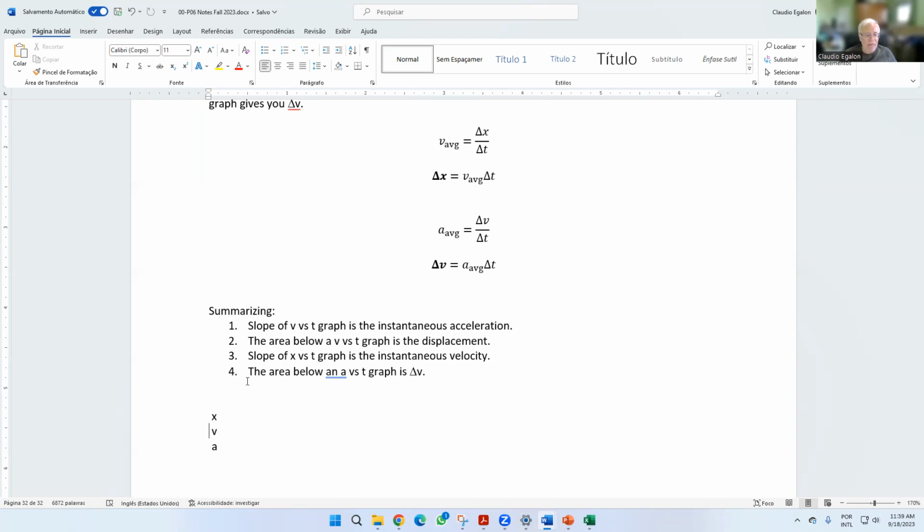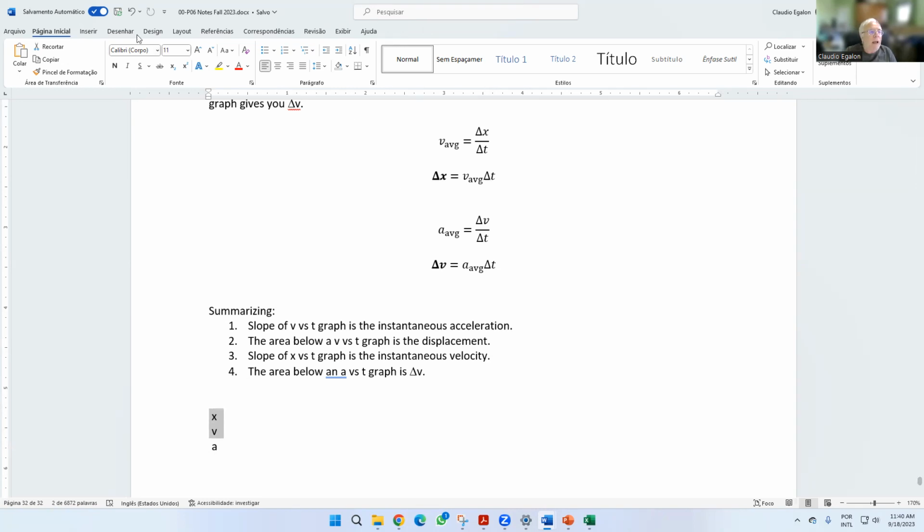First is X, then V, then A. Similarly, in a plot of V versus T, the slope is going to be the acceleration. Now, what about the area of A versus T? You go down, so you end up with delta V. In a graph of V versus T, the area below the line, area goes down, we get delta X. The slope up, area down.